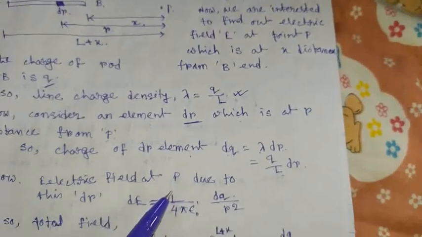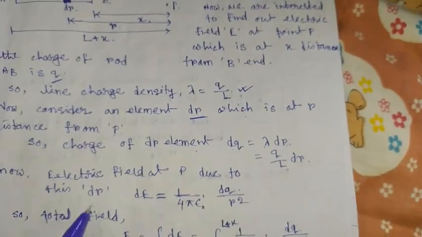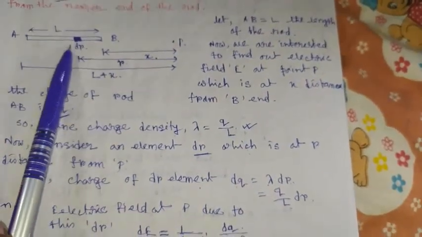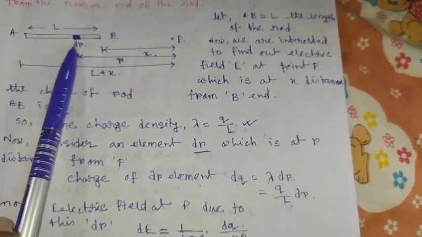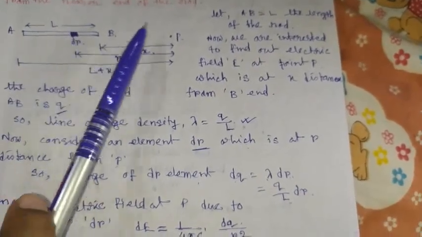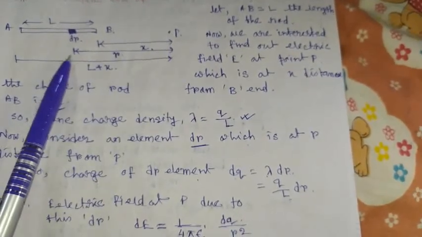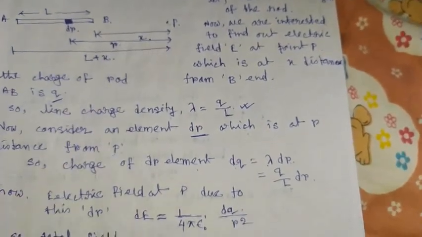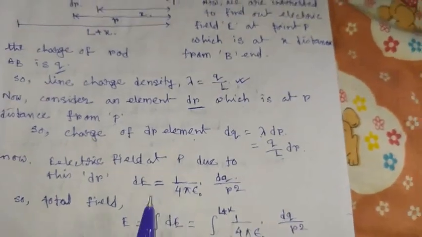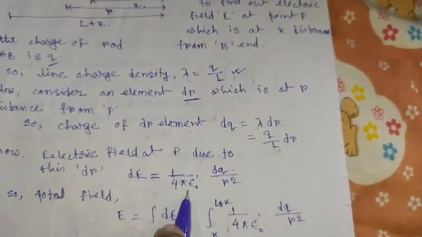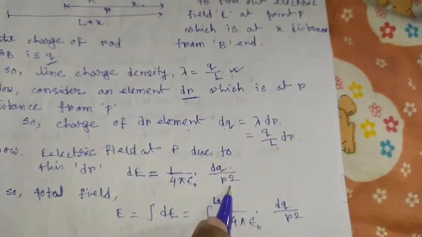Now the electric field at point P due to this dr, you can see the diagram also. For this dr at point P, at a distance of r, according to the definition of the electric field, we know dE is 1 by 4 pi epsilon naught dq by r square.